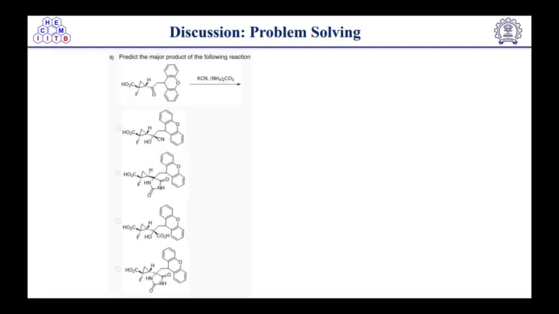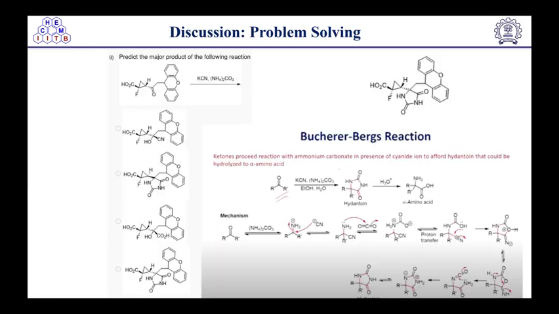formic acid. Then the next question is predict the major product of the following reaction. Here this reaction is Bucherer-Bergs reaction. Okay, so ketone reacts with ammonium carbonate in presence of cyanide to afford the hydantoin, which could be hydrolyzed to alpha amino acid.